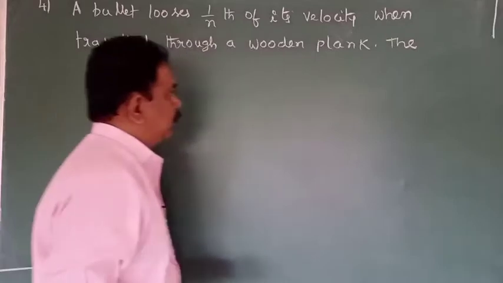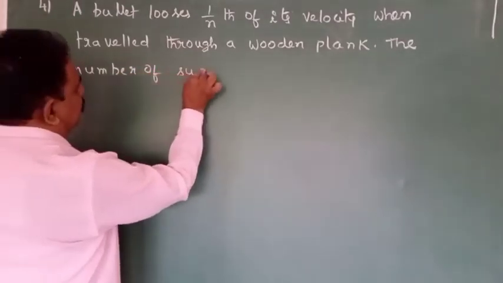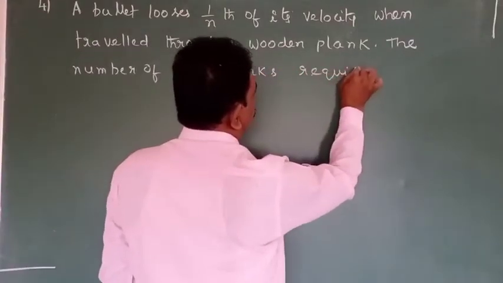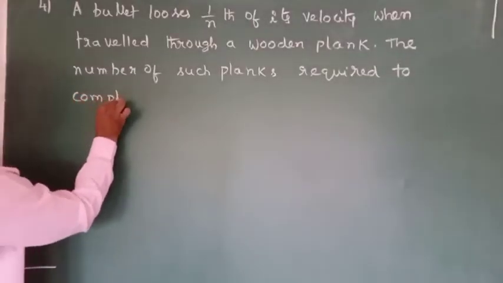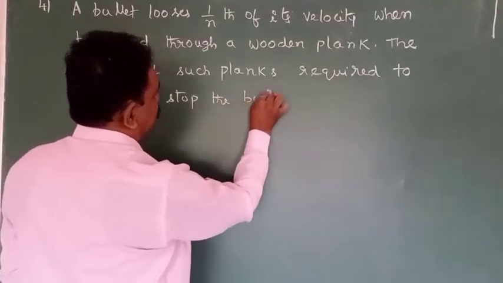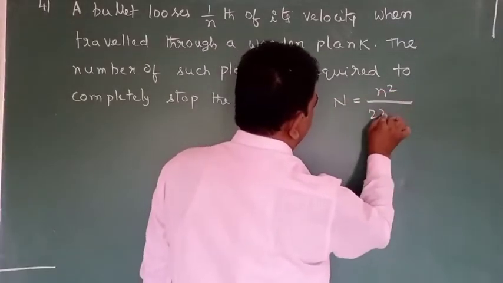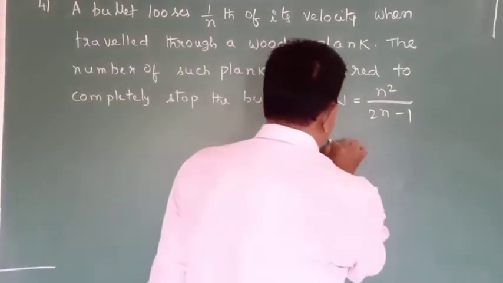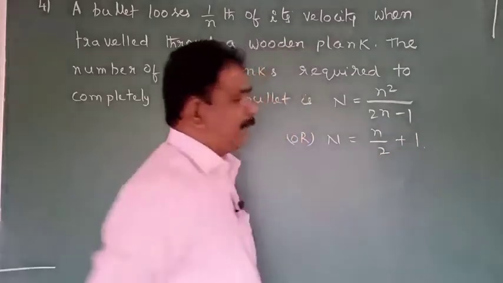The number of such planks required to completely stop the bullet is capital N equal to n square by 2n minus 1, or capital N equal to n by 2 plus 1.